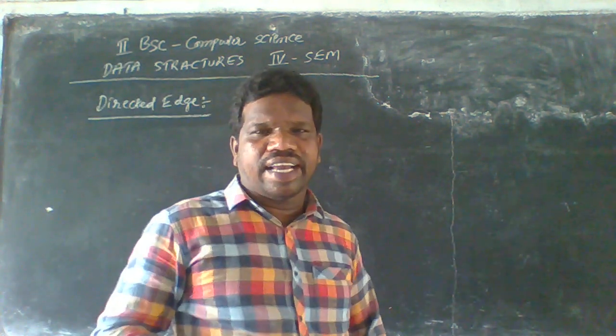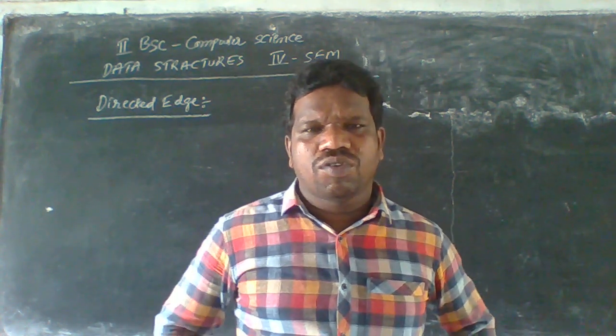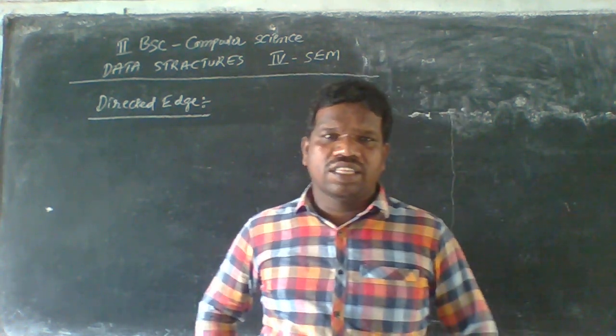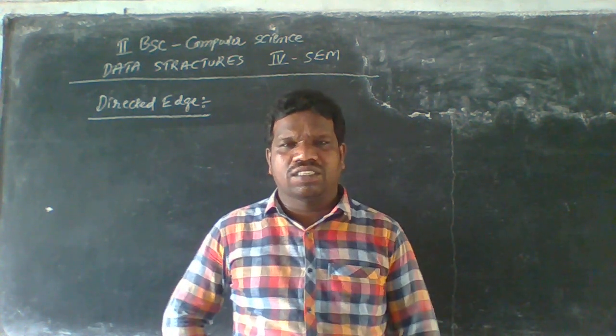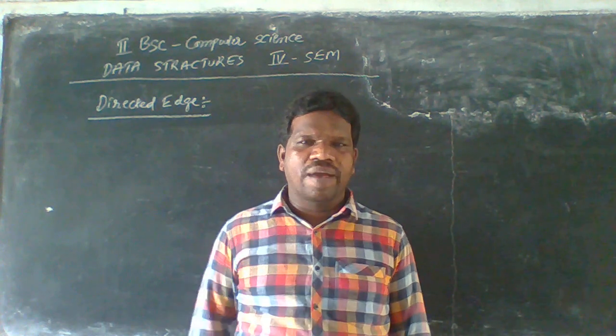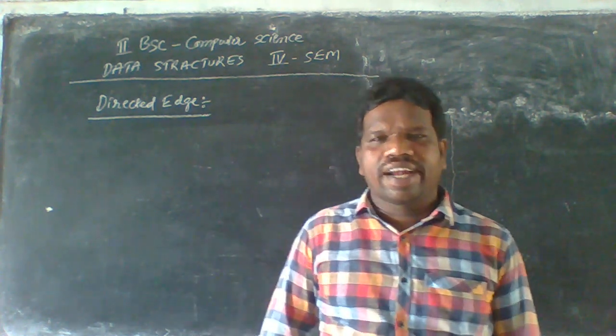What is a directed edge here? If you take any edge that gives one direction, so that you can follow a single direction, either forward or backward, it is called a directed edge here.